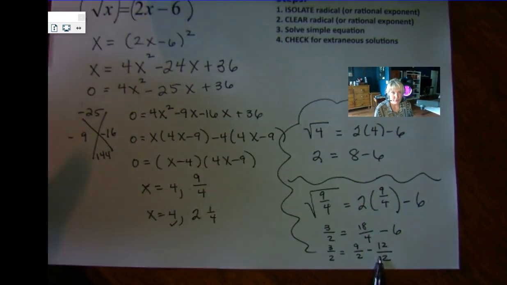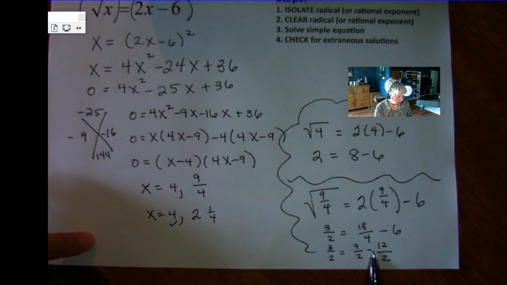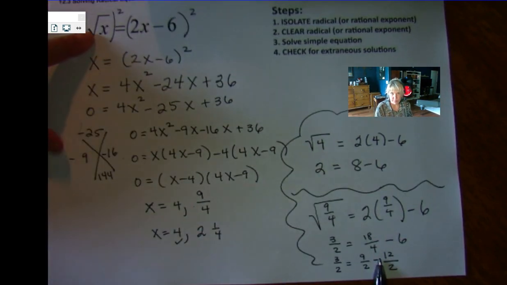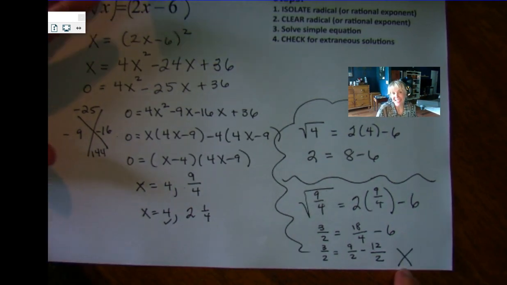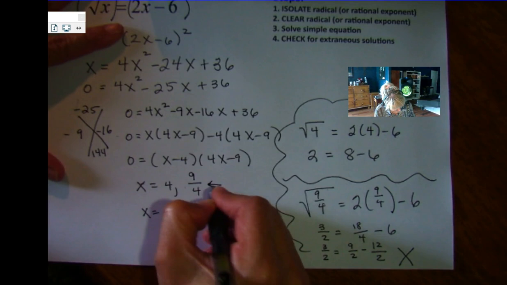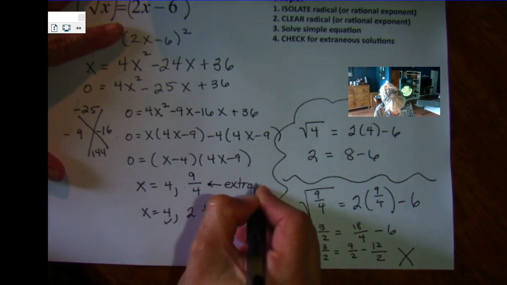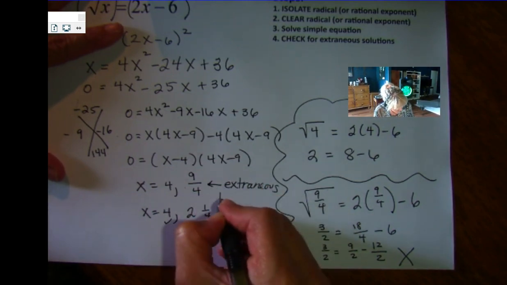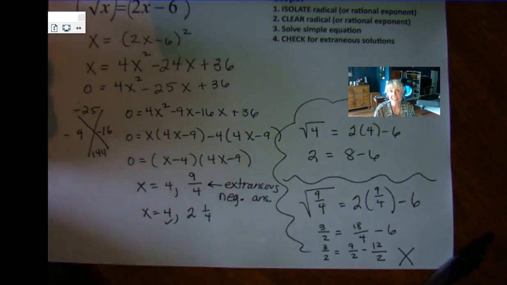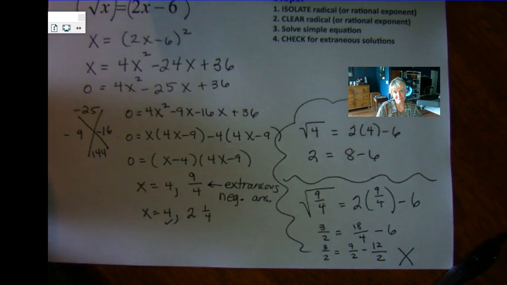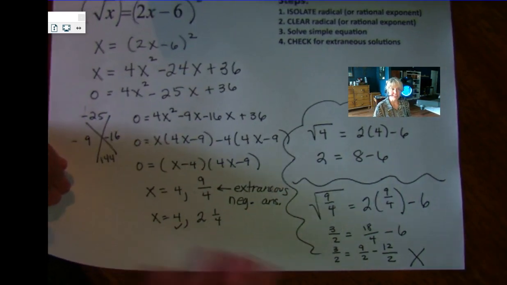And remember, you cannot have a negative real number underneath the square root symbol. So our last answer of 9/4, that is extraneous, because it gave us a negative answer underneath the square root symbol. Let's go ahead and take a look at the next equation.